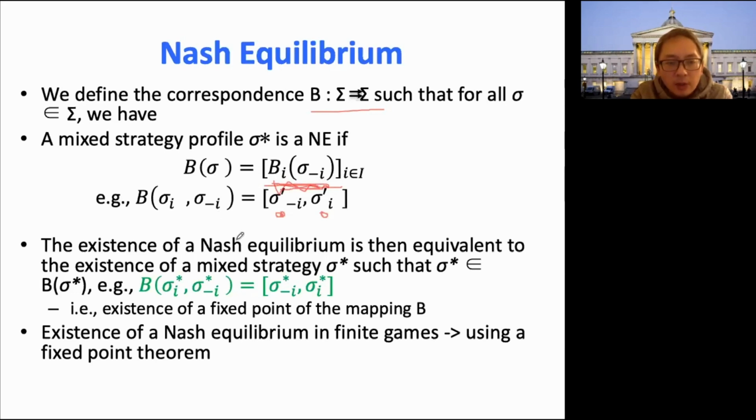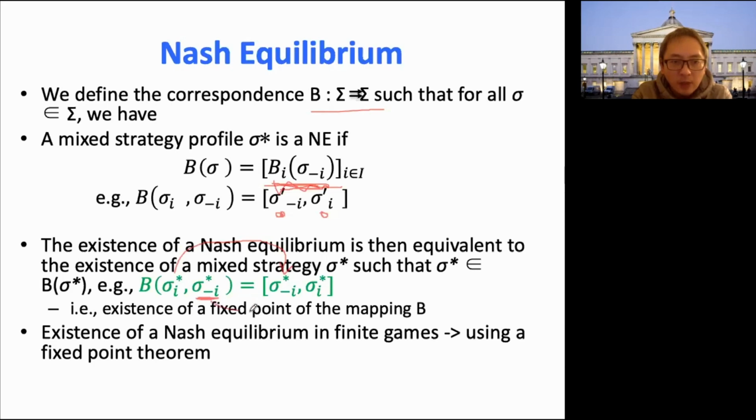In other words, what we're doing here is: I have this sigma i star played in equilibrium, and based on this, the best response for others is this, which is the mixed strategy from others.